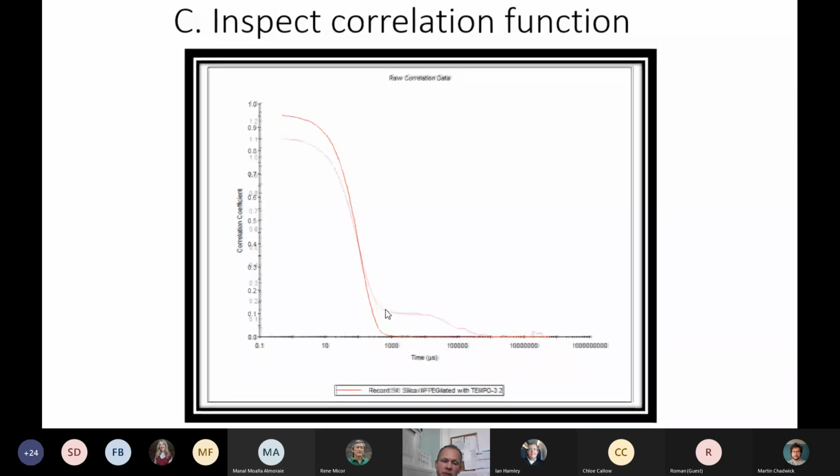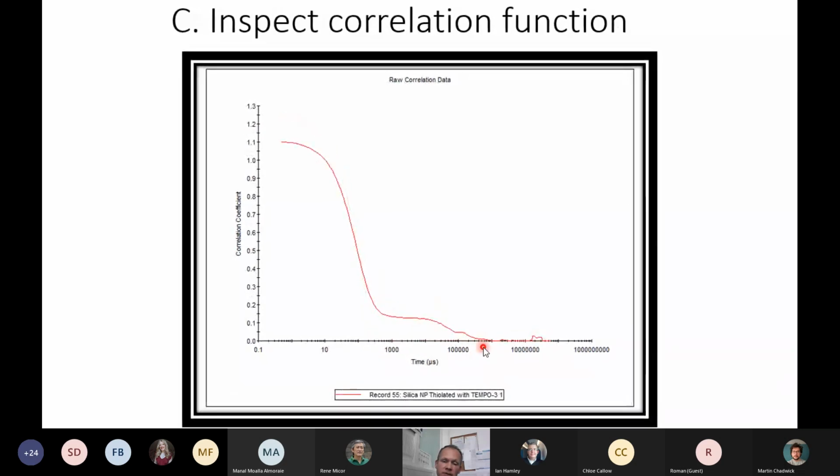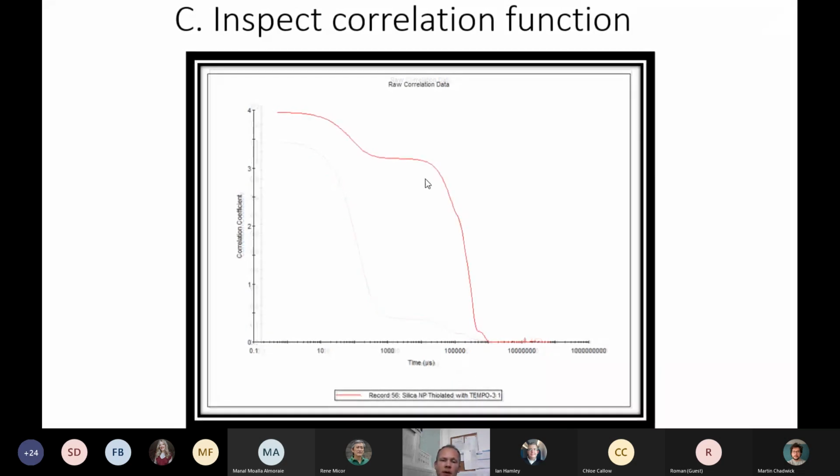And it's possible that in the presence of dust, you might see a background. And again, this is the point to start thinking about getting rid of some dust that is a part of your solution. Or if you have this correlation function, this is just a tragedy.